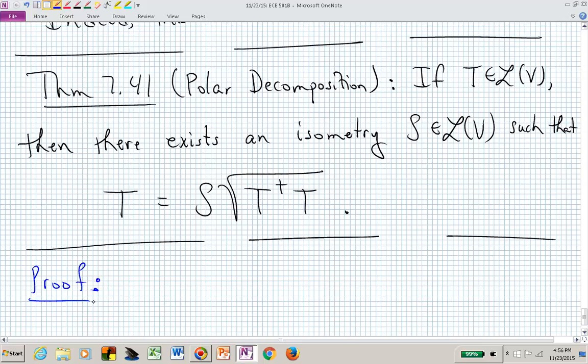And if you put all of these pieces together, it forms a proof.